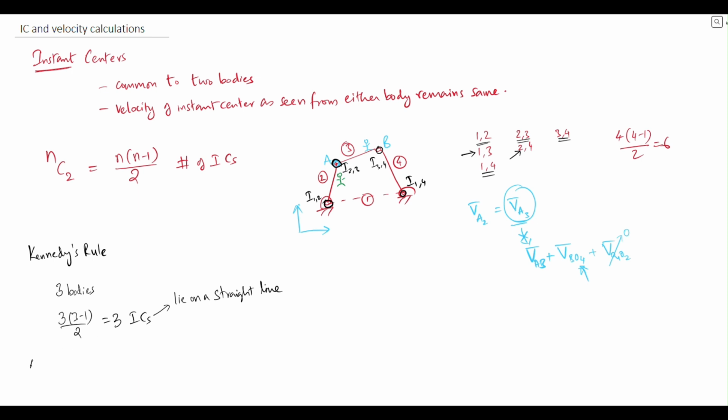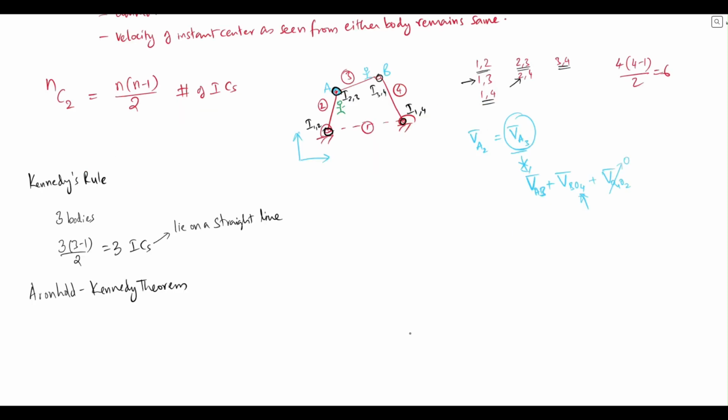It's also called the Aronhold-Kennedy theorem. We will not look at the proof for this at this point. We will try to identify the instant centers 1 3 and 2 4 using this.